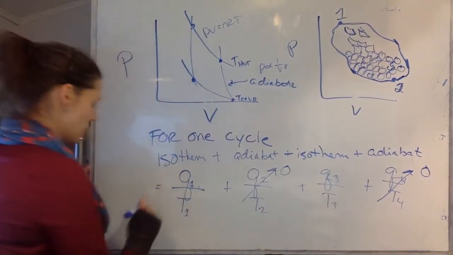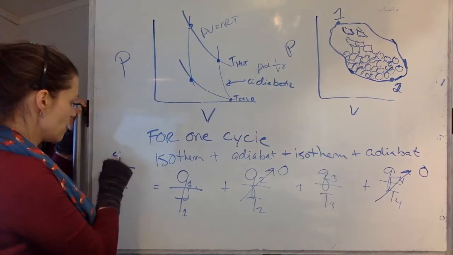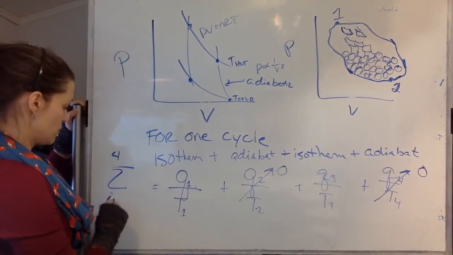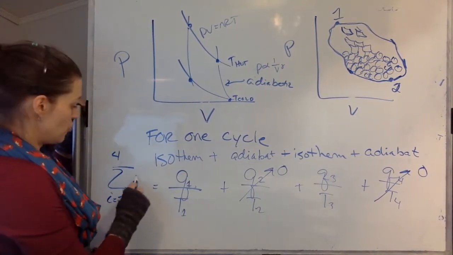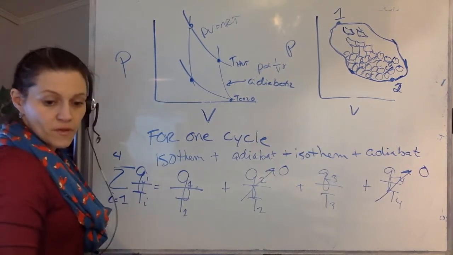So then I can say I've got the sum over all of those cycles, where i equals my first one, of Qi divided by Ti.